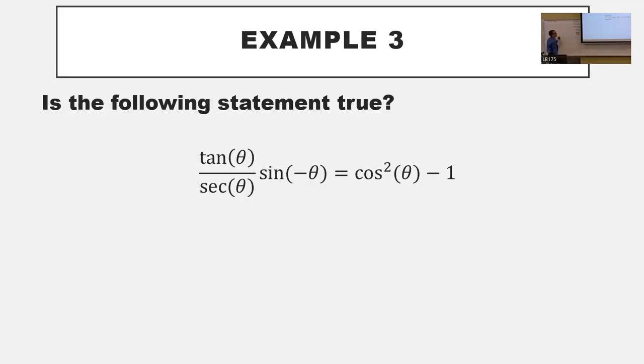Let's get slightly more involved. We have tangent theta divided by secant theta times sine of negative theta is equal to cosine squared theta minus 1.